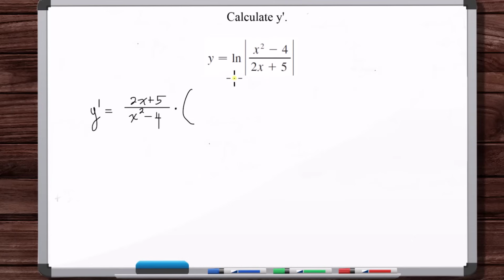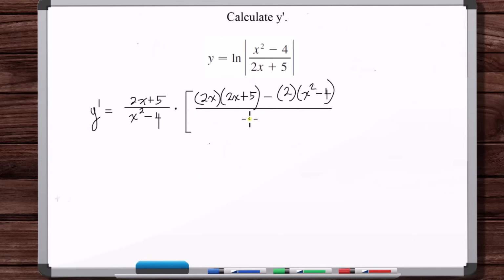So, okay, the derivative of the top, 2x. Okay, the derivative of the top times the bottom minus the derivative of the bottom times the top all over the bottom squared.